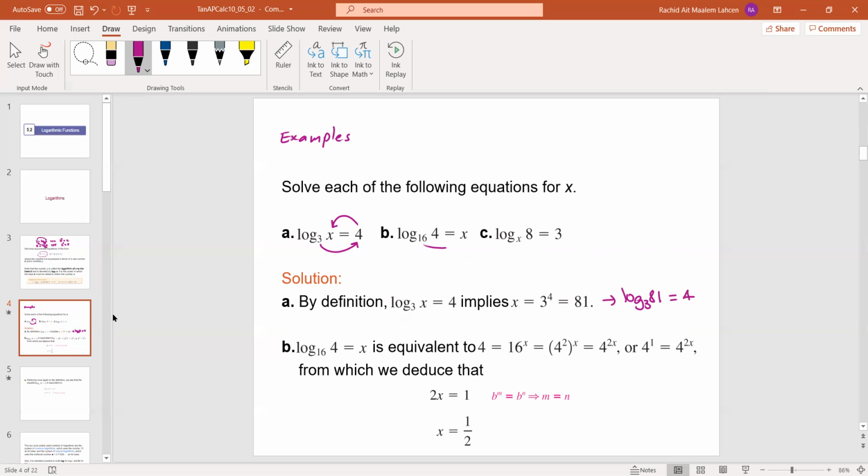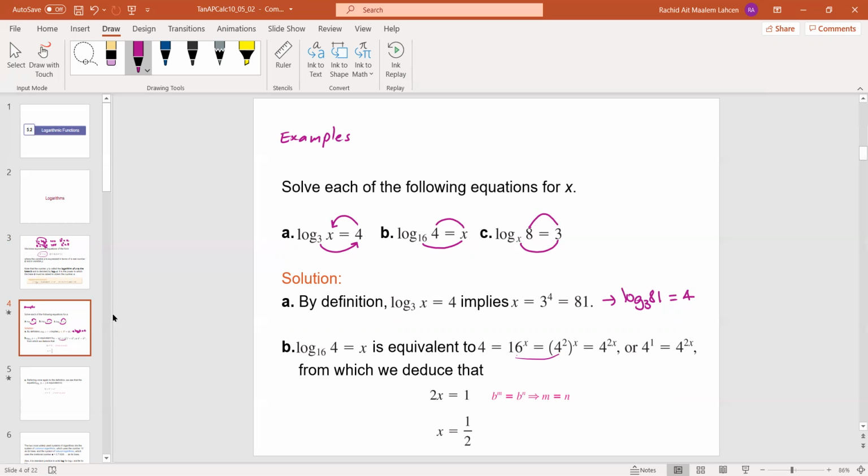And similarly, now you see, 16 power x is going to be equal to 4. X power 3 is going to be equal to 8. So 16 power x equals 4, and you see the 16 is 4 squared, and that gives us x as being 1/2, right?